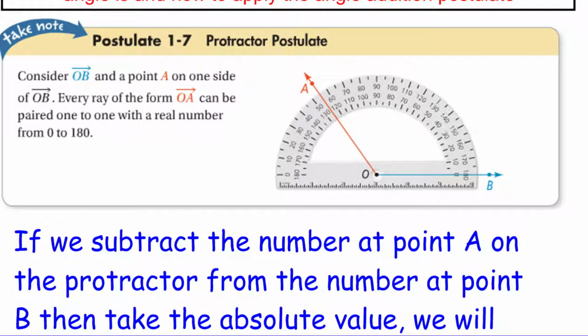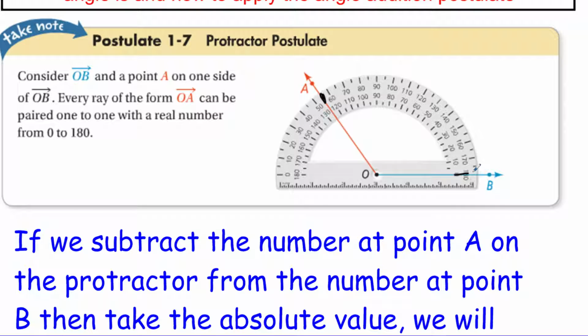Right? And so we will measure the distance from OA to OB by subtracting the number, the coordinate that we assign here, which if you can see in my diagram right here, it looks like I have 55. We just have to be consistent, so we'll use the outside numbers. The outside number for OA is 55, and when I come over to OB, it looks like it's 180.